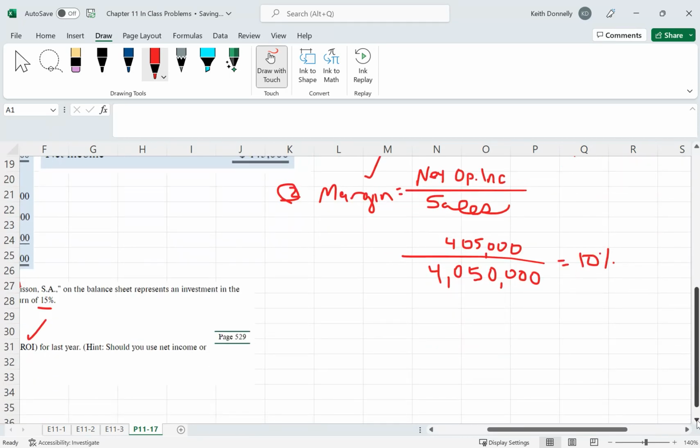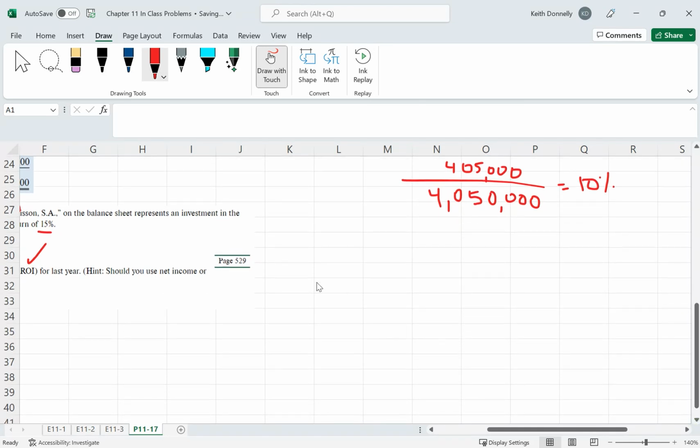Okay, did the margin. That's great. Let's move on now to turnover. Now we saw turnover before.